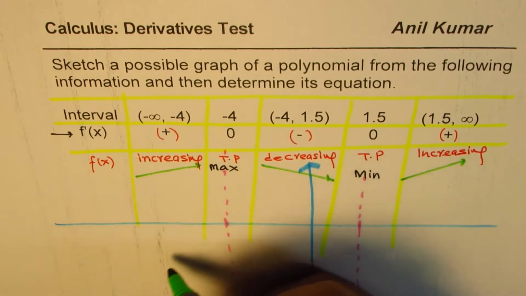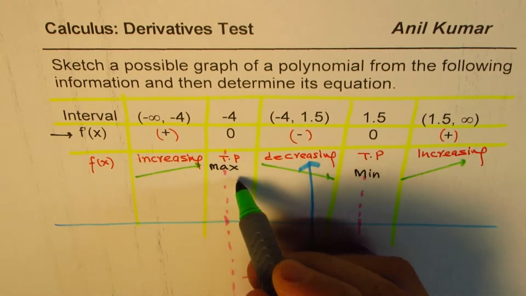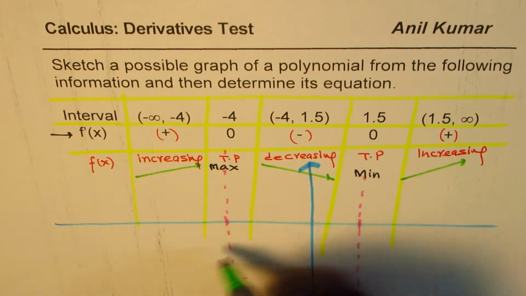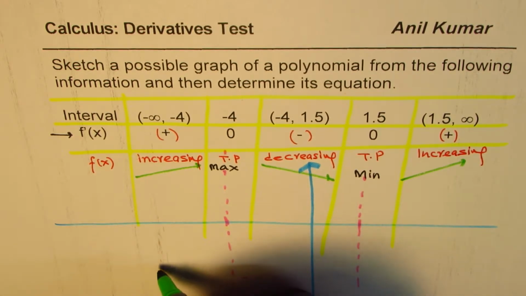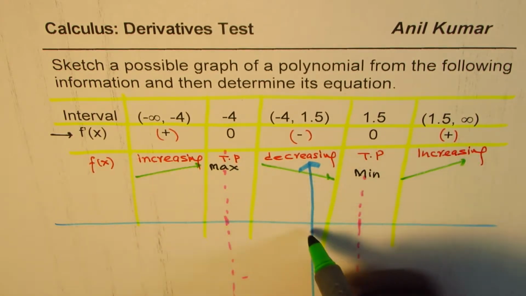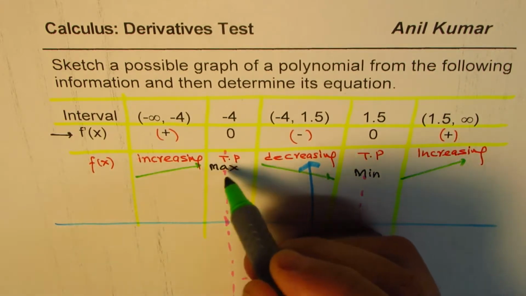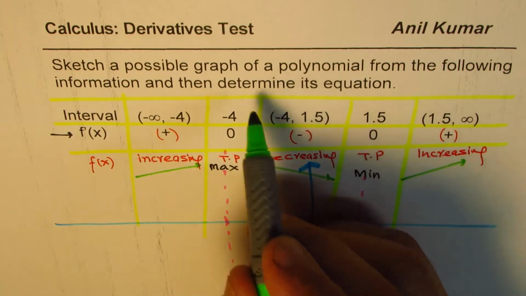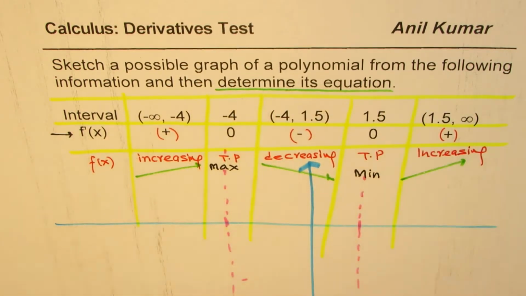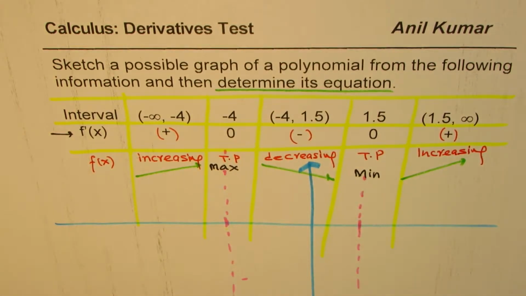So you could do a graph like this, or let's do a general graph. You would go like this, maximum, and somewhere here you turn back. Well, you get a graph, but writing the equation will become difficult. So sketching a polynomial is not a difficult issue. You could do that. However, you'll find that writing the equation is difficult.